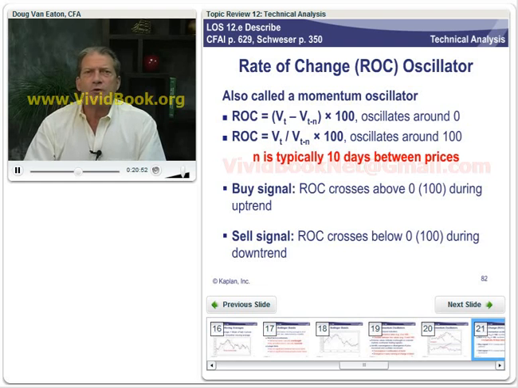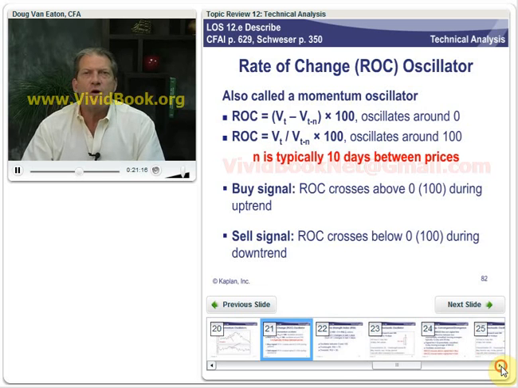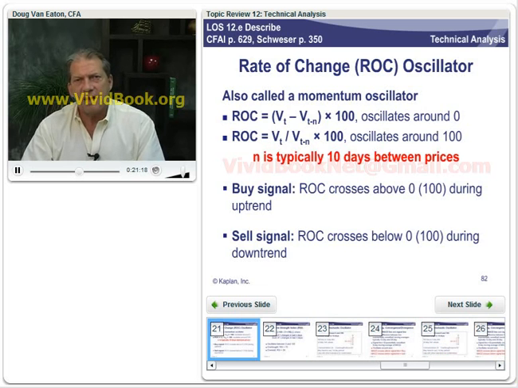Now that first one there, we see the difference between the price on one day and the price some days prior, however long that period is, and then we multiply that times 100. Well, that's going to oscillate around 0 because that term in parentheses can either be positive if the stock price has gone up or negative if the stock price has gone down over the last n days. Now typically n is 10 days, but different analysts are going to use different values there.